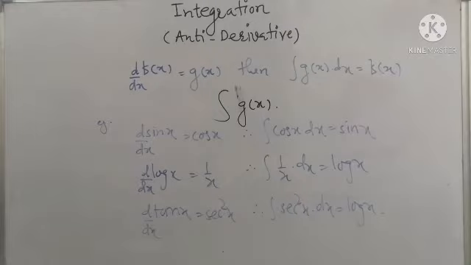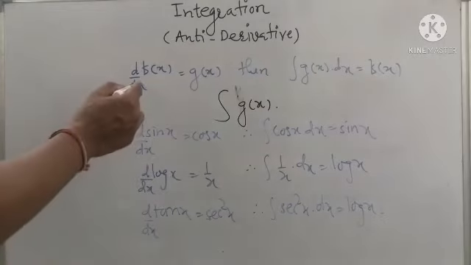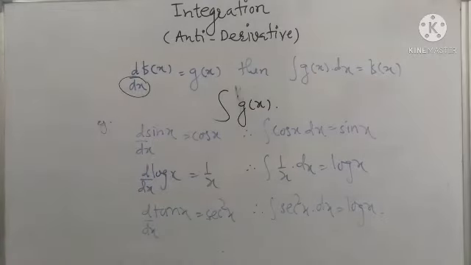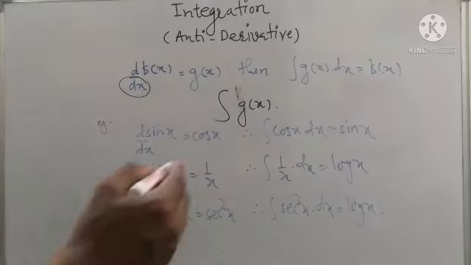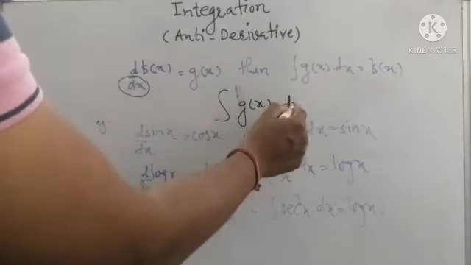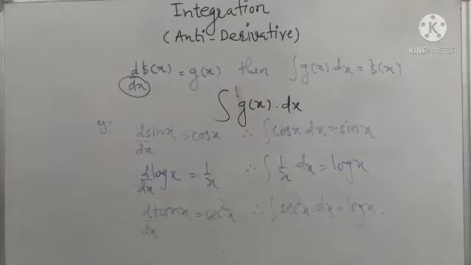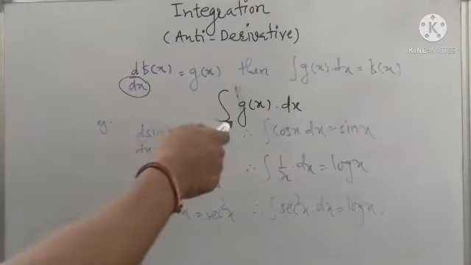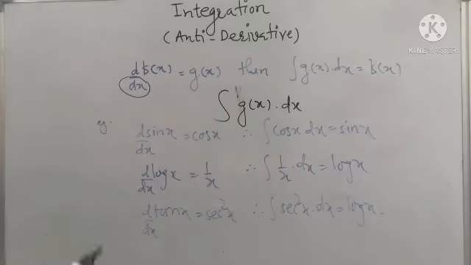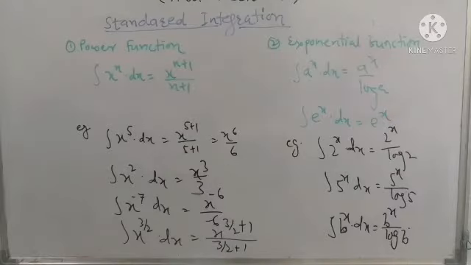As these functions are in x, the change in x is dx, which we always put in the denominator. As a reverse process, in integration this change in x is in multiplication. Remember this. So this is read as integration of g of x with respect to x, or integration of g of x into dx.